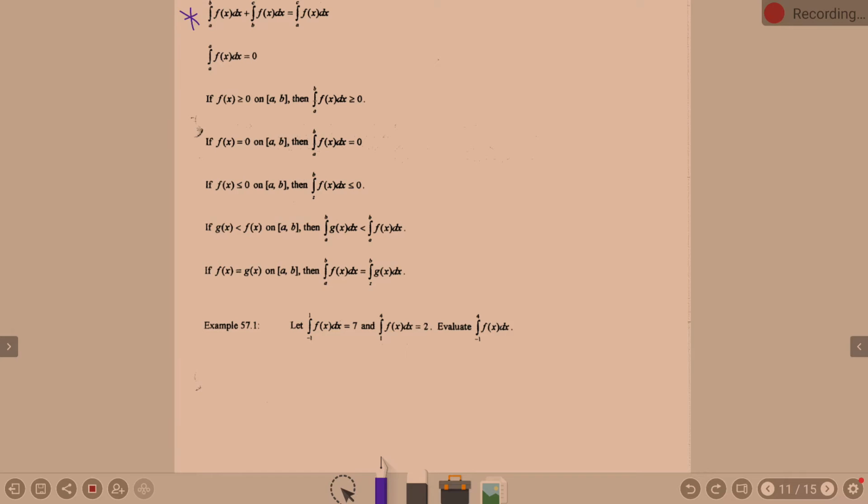And so what we can look at here: the integral from -1 to 1 of f of x dx plus the integral from 1 to 4 of f of x dx is going to equal the integral from -1 to 4 of f of x dx.